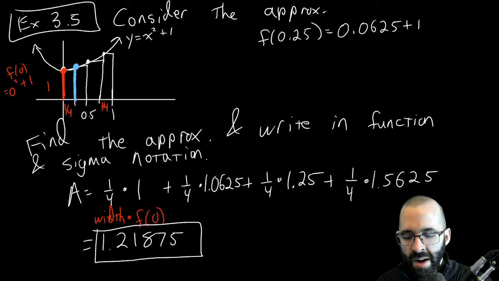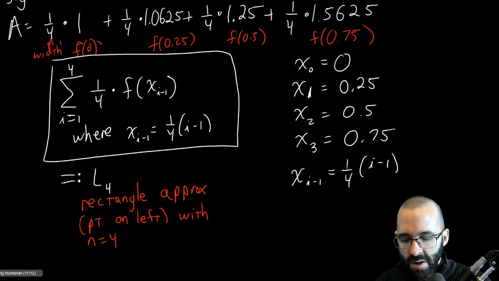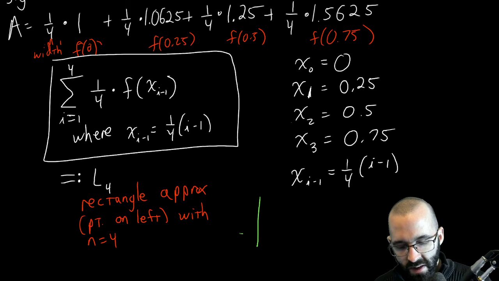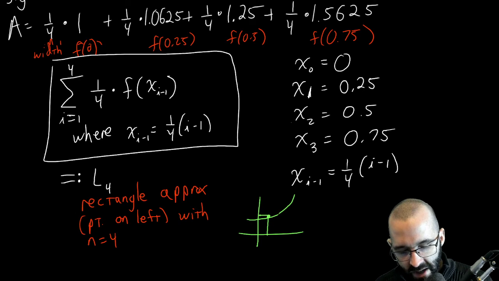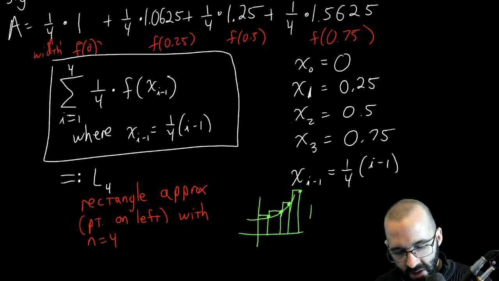We could go back and do R sub 4 by doing 4 rectangles on the right. When I say rectangles on the left, the height of each rectangle is determined by the point on the left. If we wanted to do R, we'd take the height from the right. And this would be R sub 4.